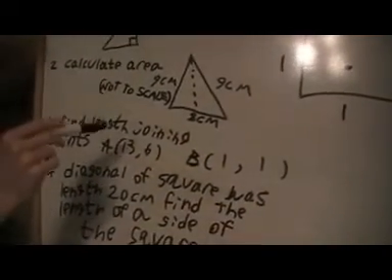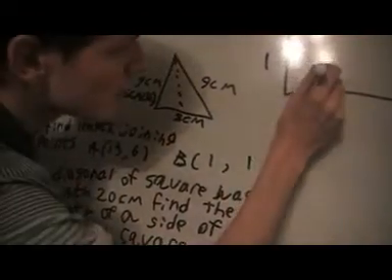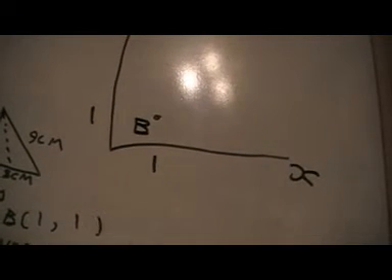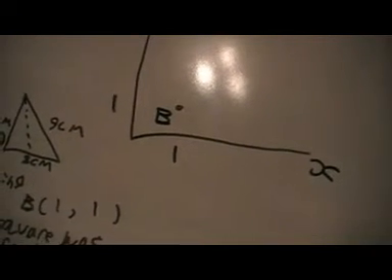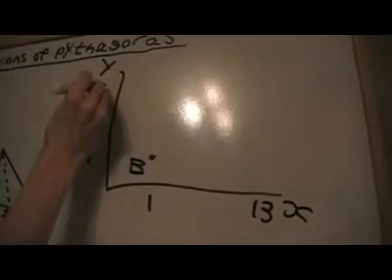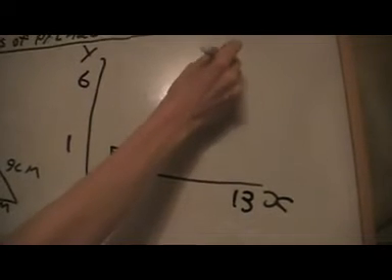This here is point B. And then we've got point A, which is 13, 6. So this is the x coordinate along here. So we'll go along 13 and then up 6. So this here will be your point A.